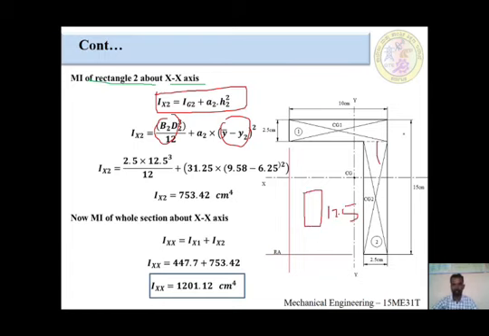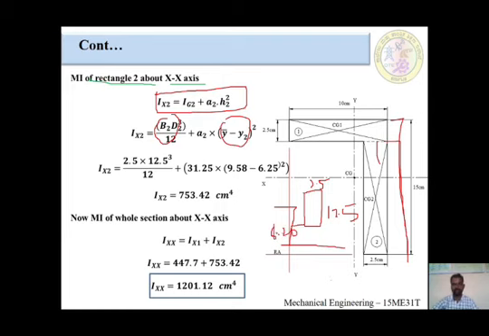I am taking the second component outside. It is like this. This would be 12.5 centimeter, because this total distance is 15 centimeter and I want from here to here only, so 15 minus 2.5 would be 12.5. And this would be 2.5. Horizontal reference to the half of the component, half of the component we are having is 6.25.